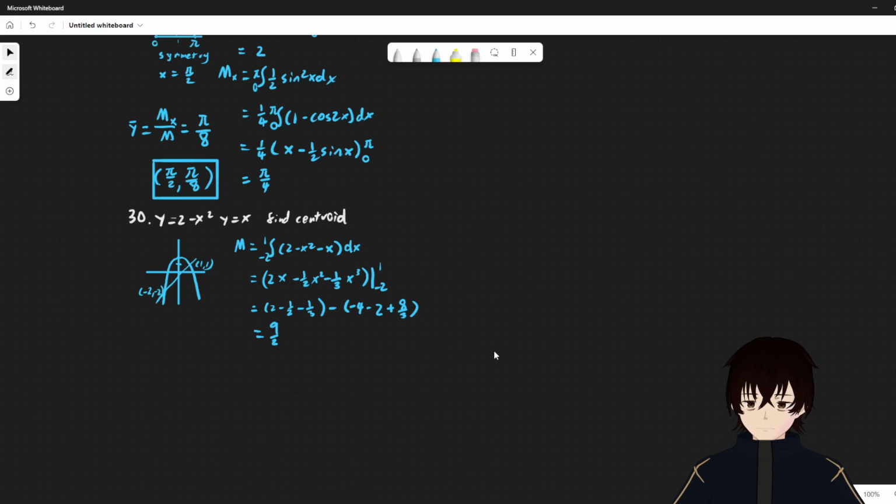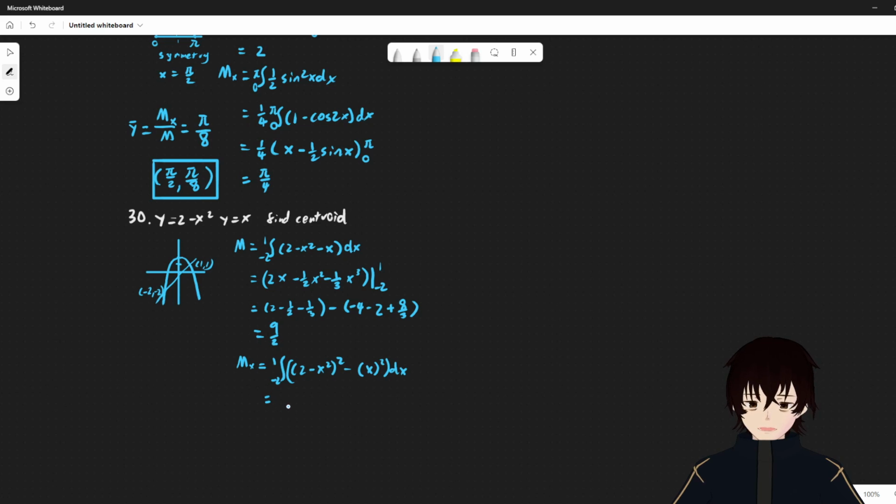Now let's find m, y, and mx. Mx is going to be the integral from -2 to 1 of 2 minus x squared minus x squared dx. Right.